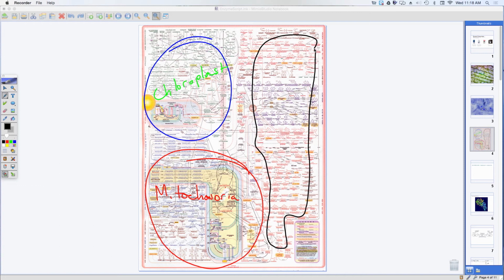And when we look at each of these molecules, if I were to just pick, let's say, this molecule here, we see that this molecule is being converted or changed into something else, which is being changed into something else, and so on. Each of these changes is being facilitated by an enzyme.